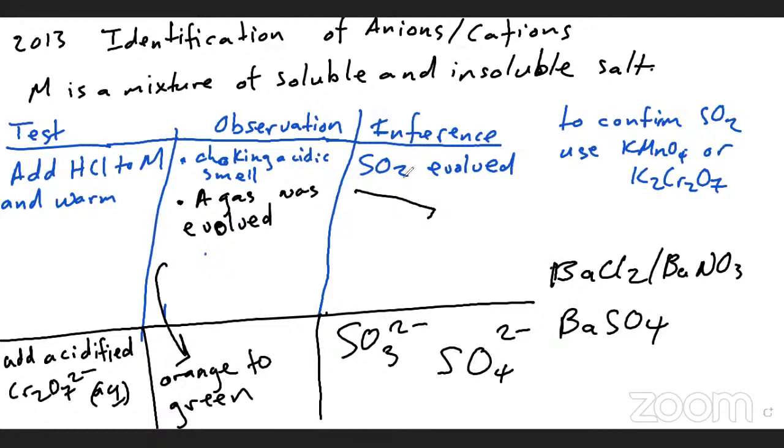This is sulfur dioxide, a gas. This is the sulfite ion, SO3 2 minus. So this is the gas, this is the sulfite ion, and this is the sulfate ion. Do you understand? Yes, sir, understood. All right.